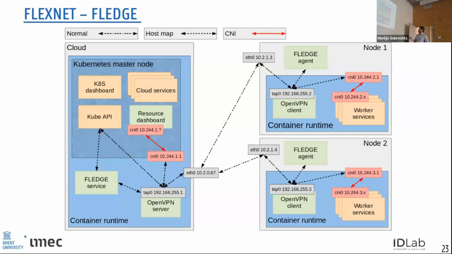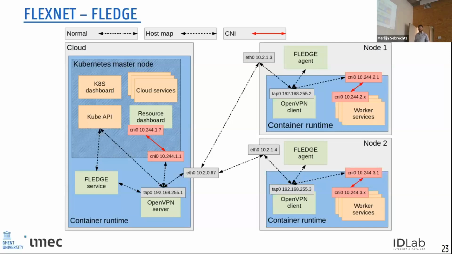So each node has its own address pool, which are mapped by Fledge, by the setup scripts, and by the Fledge agent to VPN addresses, which in turn are mapped by the VPN network to physical addresses. So Kubernetes only really communicates over the container address network, and the rest automatically gets converted to VPN addresses, which in turn goes over the physical interfaces.